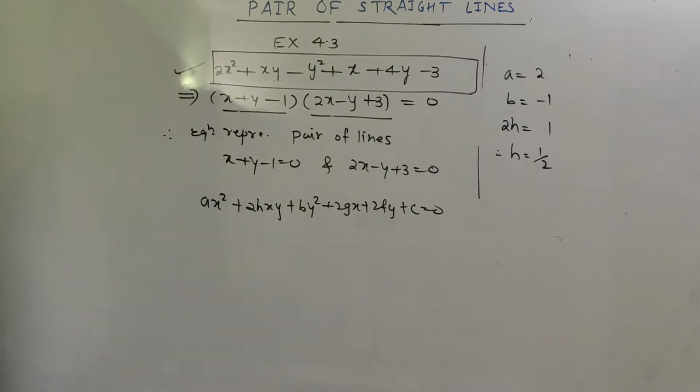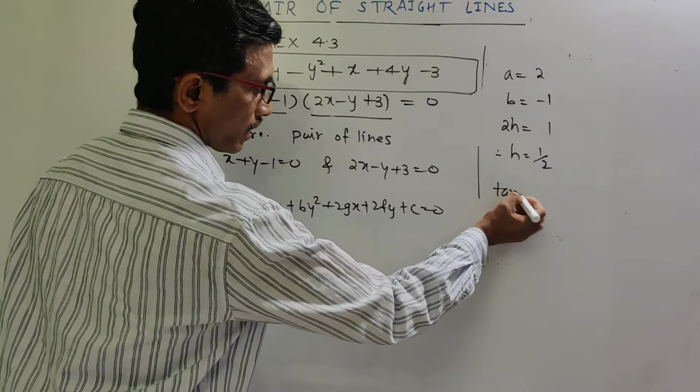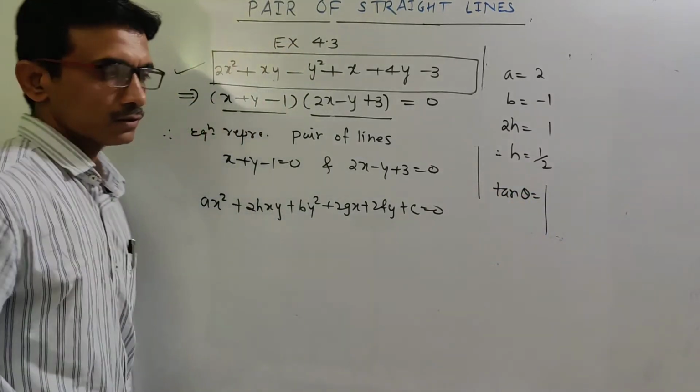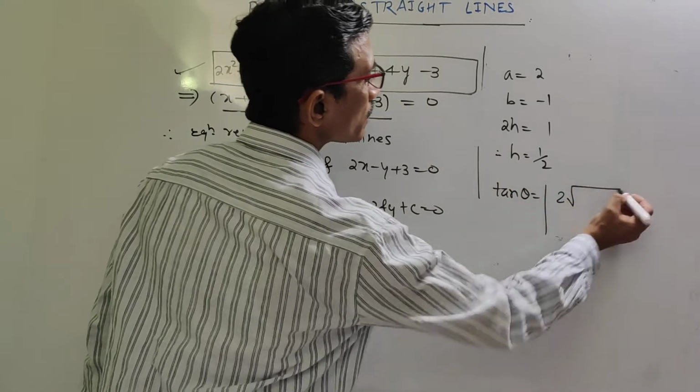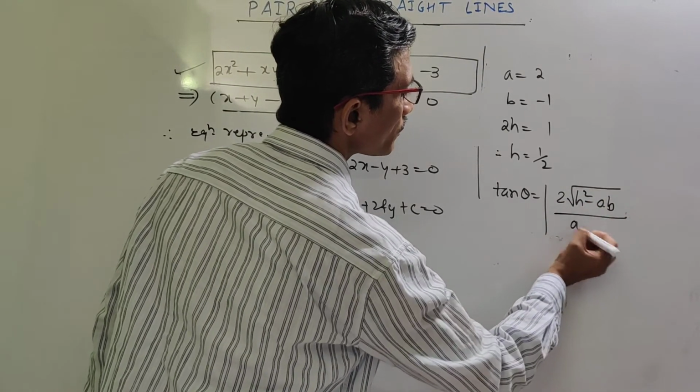So the formula is tan theta is equal to mod of 2 root of h square minus ab upon a plus b.